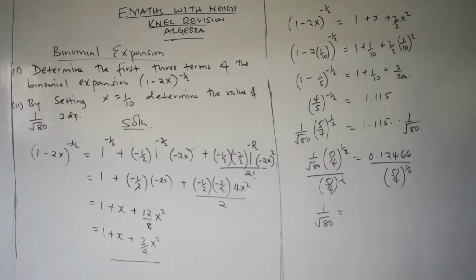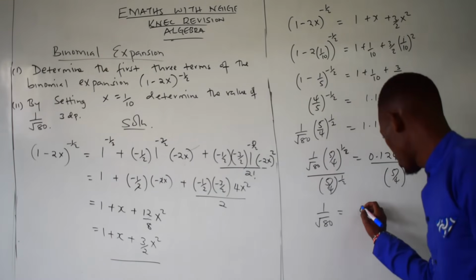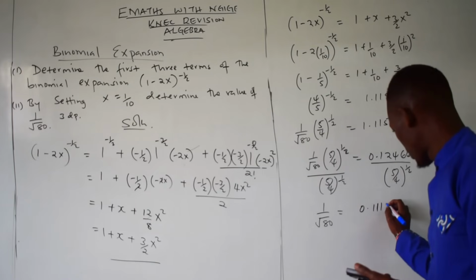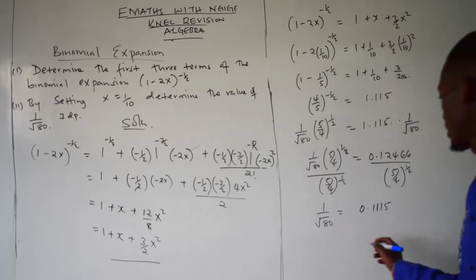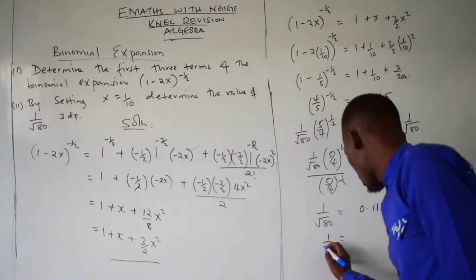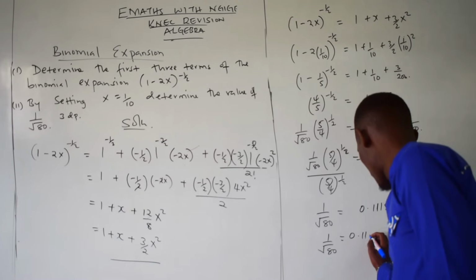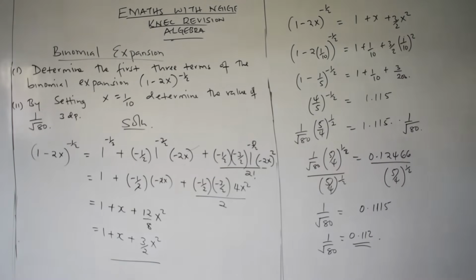Our answer there, and we divide by the root of 5 over 4, and that gives you 0.1115. So to 3 decimal places, 1 over the root of 80 is just 0.112. And you can confirm if your answer is indeed 1 over the root of 80.